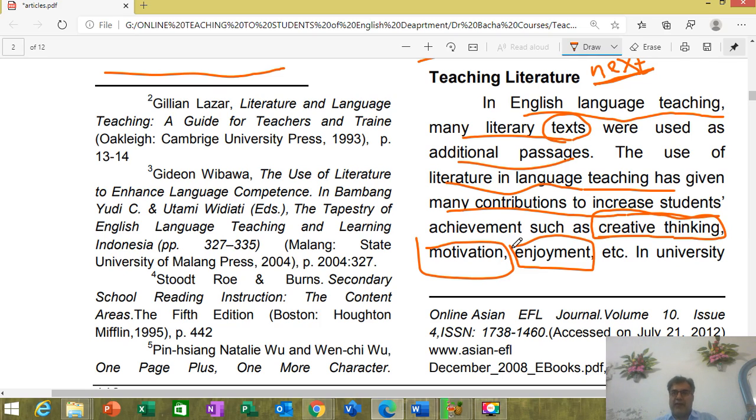It has become a world-famous theater work, and the actors who have played different characters in the drama are now being called by different countries, particularly Pakistan. So a work of art really motivates you, and it gives you a kind of enjoyment. So critical thinking, creative thinking, motivation and enjoyment, obviously they bring a lot.